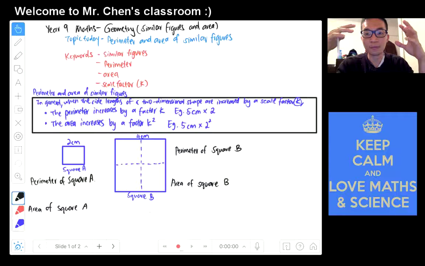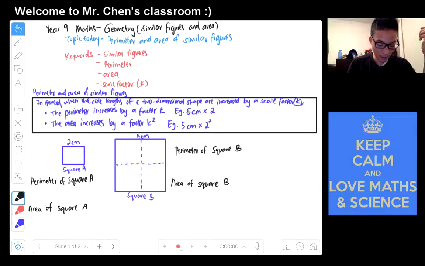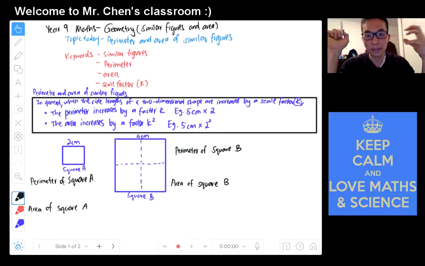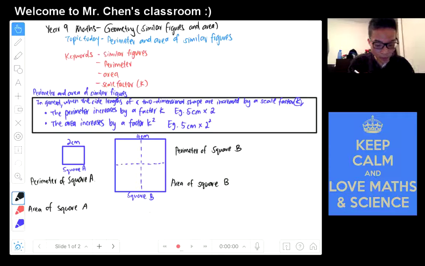If we have two similar figures, as you can see here we have two squares at the bottom, when the two squares are similar, they have similar proportions, and we will be able to find their perimeter. If one is given and not the other one, we can just use the scale factor to calculate it.